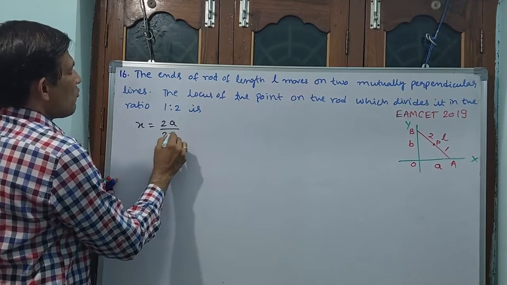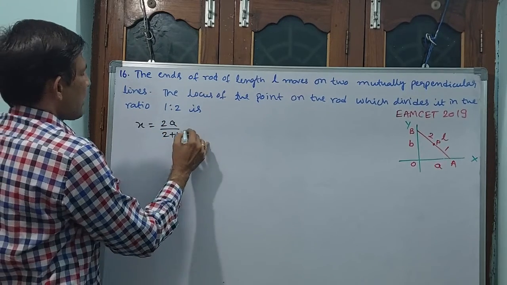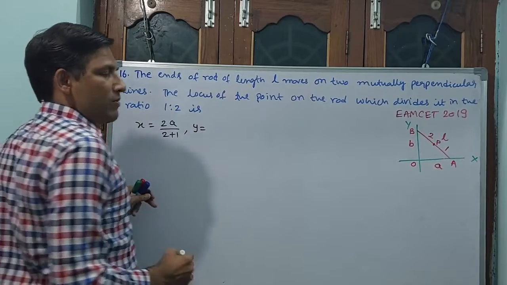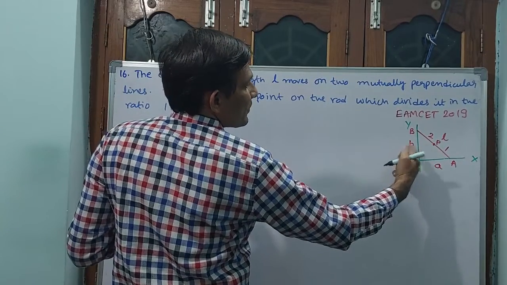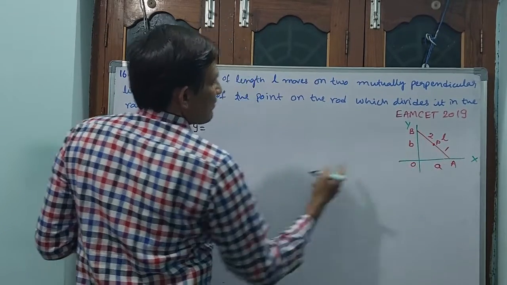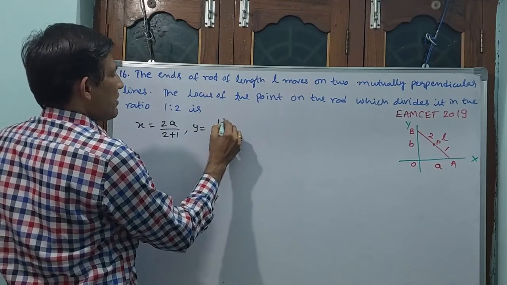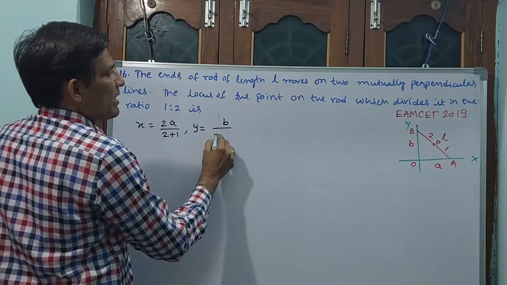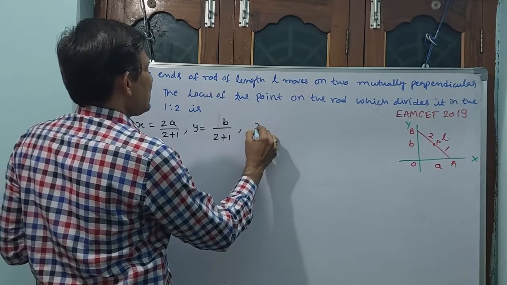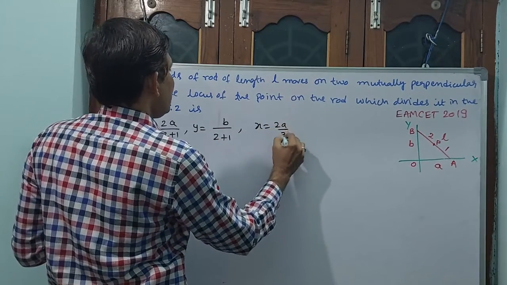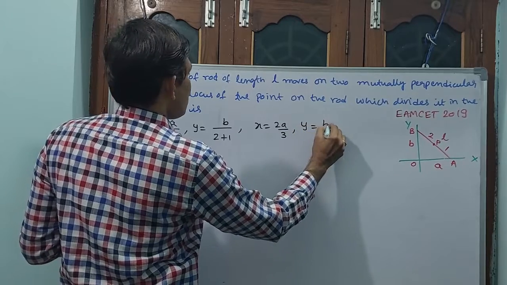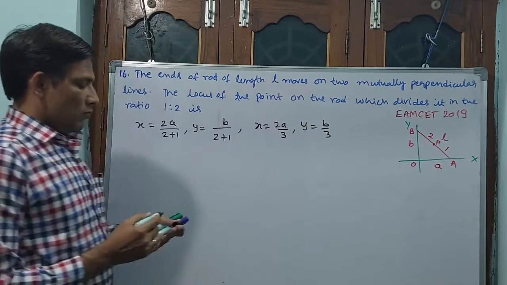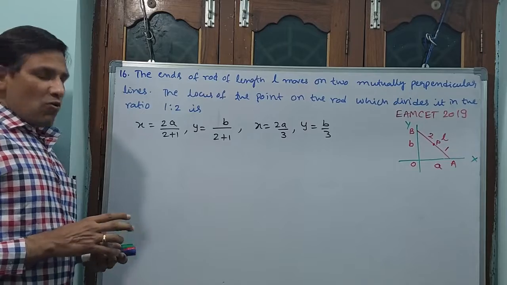Comma, y is equal to 1 into b divided by 2 plus 1, that is b by 3. That means x is equal to 2a by 3, comma, y is equal to b by 3. These are the coordinates.